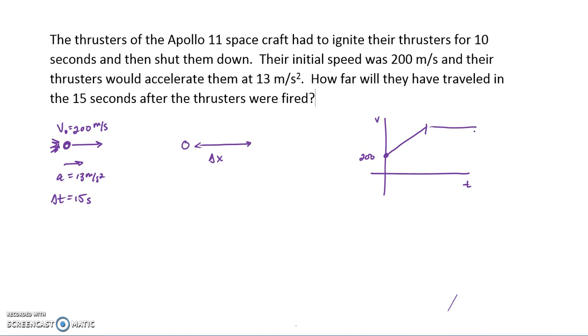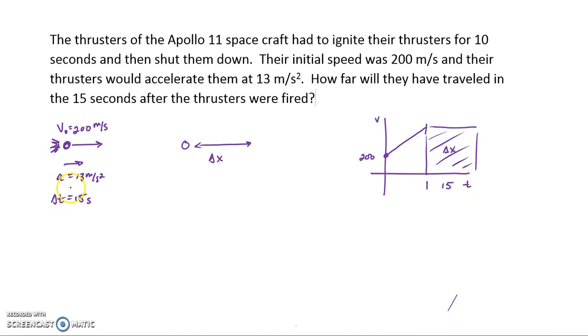I want to know the displacement, and I know that's the area on my velocity-time graph. If I can figure out this area, then I can figure out how far I went. First, I need to know the time. It was 15 seconds after, so this time period right here is 15 seconds.